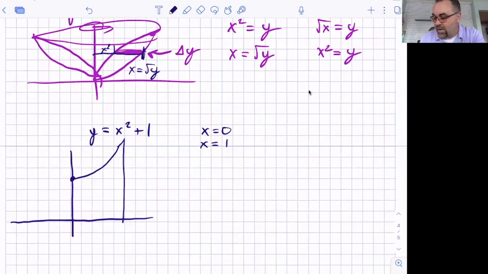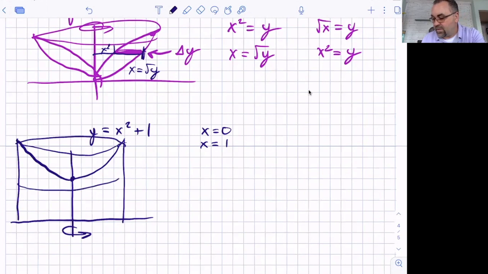Notice if I'm revolving around the y-axis again, the shape is actually two different solids. There's a solid cylinder at the bottom, and then there's this bowl at the top. So if I'm working horizontally, like I'm drawing this disc in here now, I actually have two integrals. I have the integral from 0 to 1 and the integral from 1 to 2. Not the end of the world.